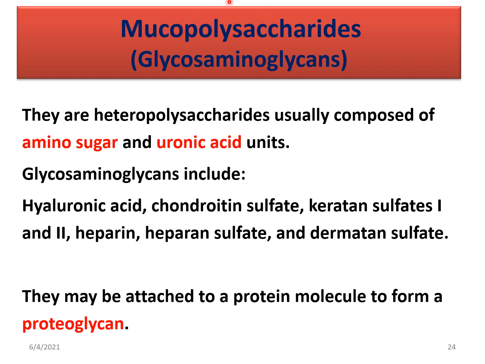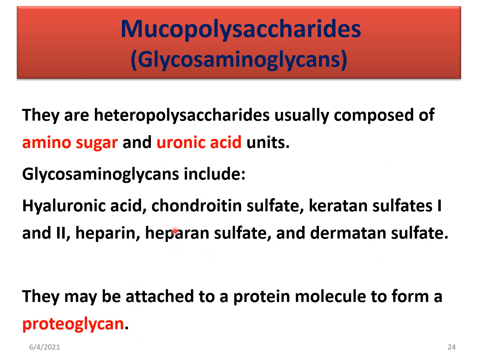Therefore, they are heteropolysaccharides consisting of repeated units of amino sugar and uronic acid. Examples include hyaluronic acid, chondroitin sulfate, keratan sulfates 1 and 2, heparin, heparan sulfate, and dermatan sulfate.